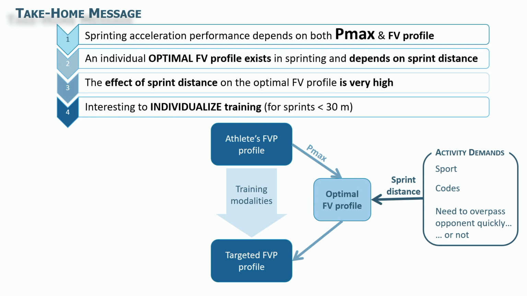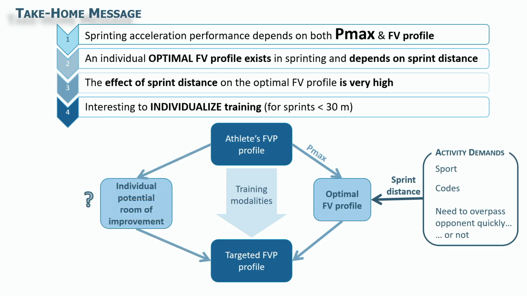In this case, you have to consider all of these points to decide the sprint distance to target. And as we said, the target profile should also consider the potential room of improvement of the athletes. So you have to consider both to decide which kind of training is the most effective.